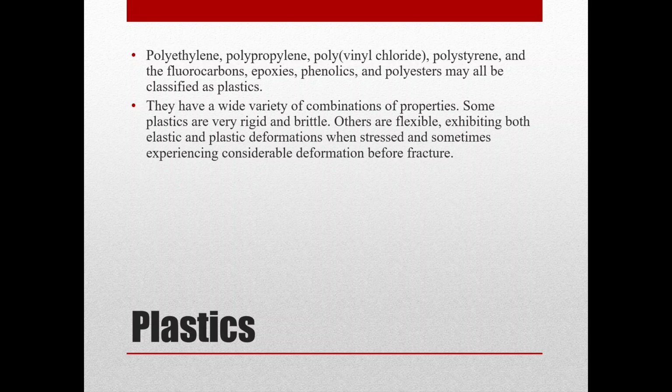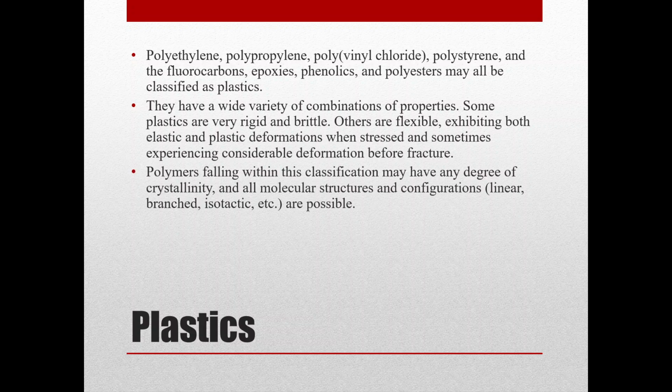Some plastics are very rigid and brittle, others are flexible, exhibiting both elastic and plastic deformations when stressed, and sometimes experiencing considerable deformation before fracture. Polymers falling within this classification may have a degree of crystallinity, and all molecular structures and configurations, linear, branched, isotactic, are possible.